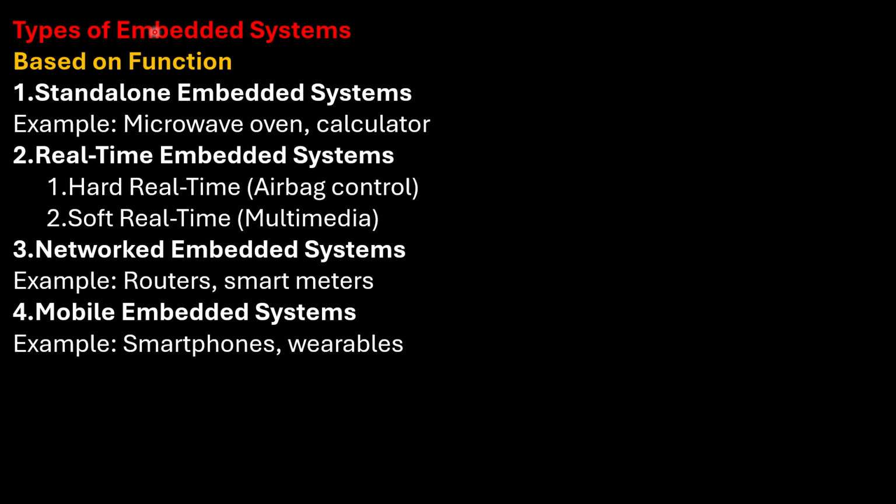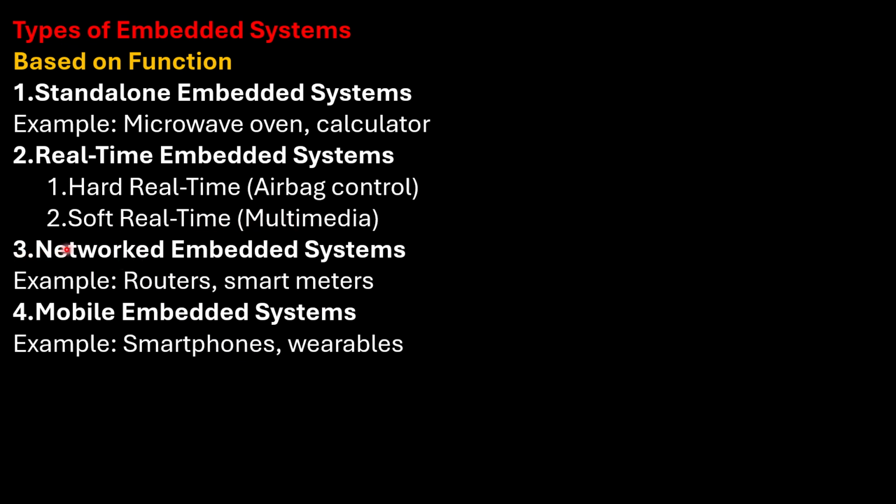Types of embedded system can be viewed based on function. One, standalone embedded system, examples: microwave oven, calculator. Second, real-time embedded systems, maybe hard real-time, airbag control, soft real-time, multimedia.